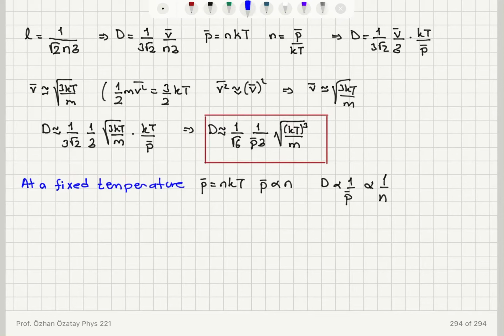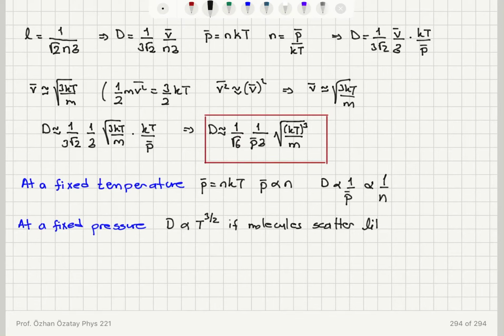And if we have a fixed pressure, this time D will be proportional to T to the power 3 over 2, assuming that molecules scatter like hard spheres, as in our total scattering cross-section calculation.